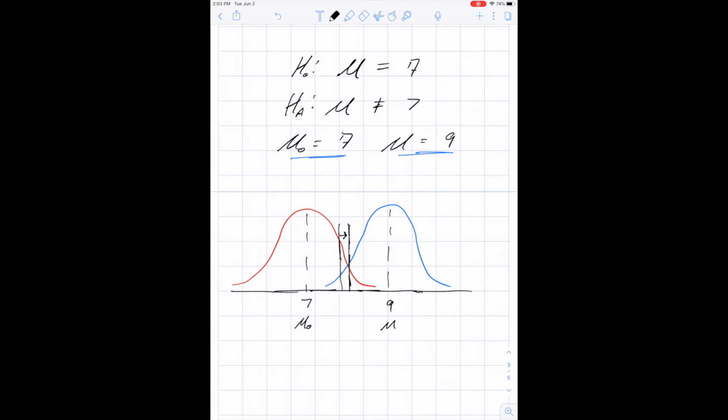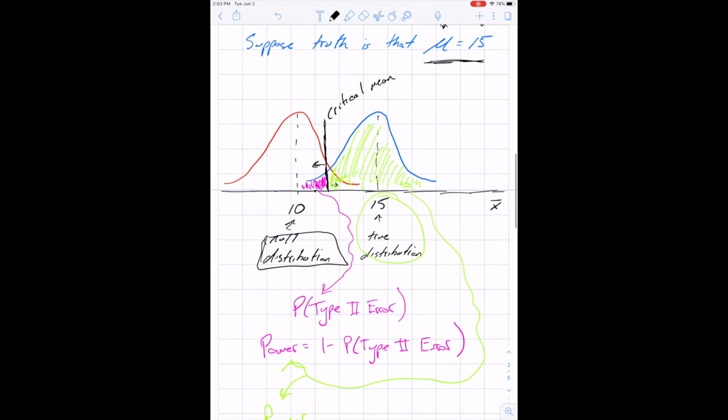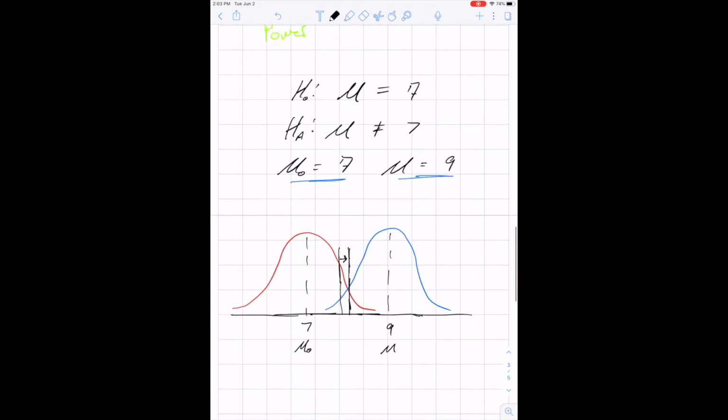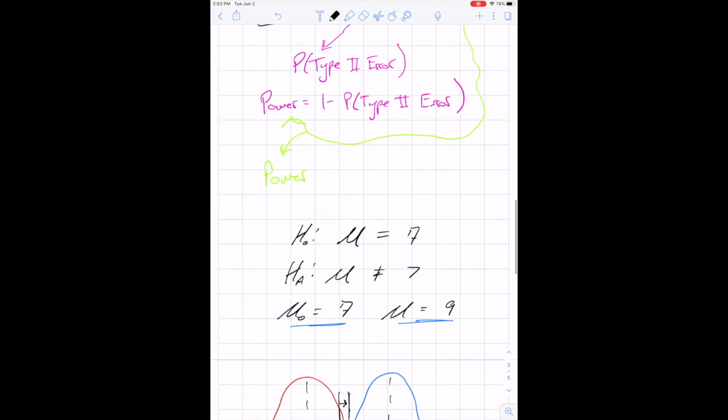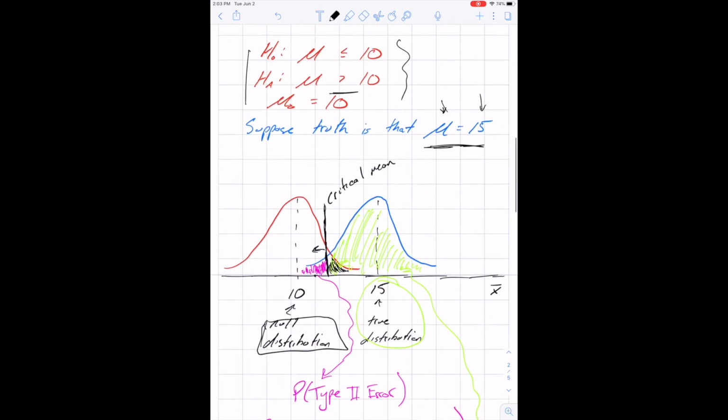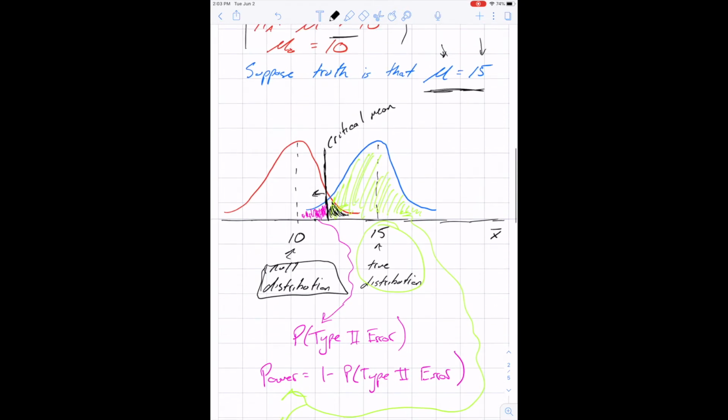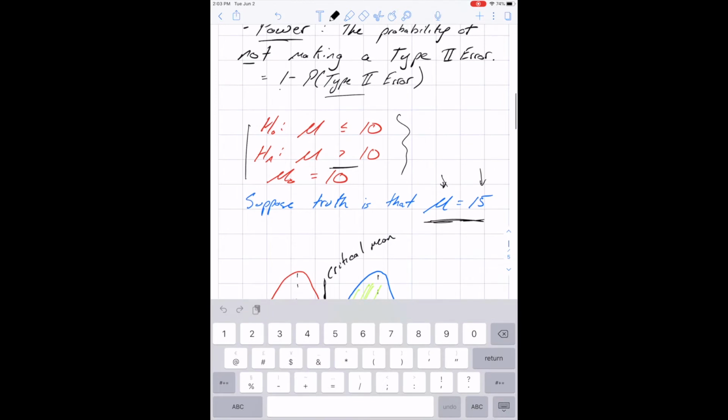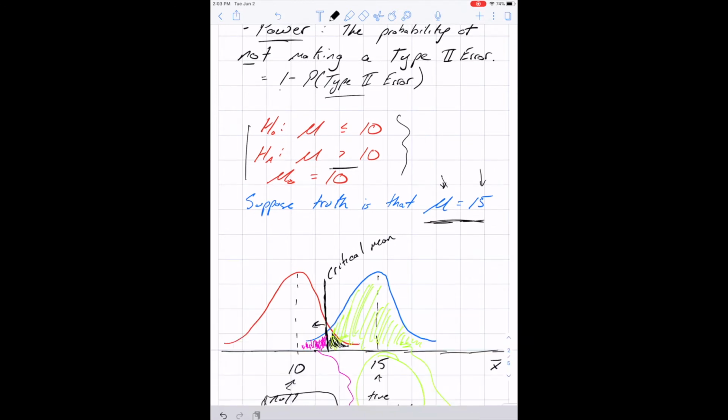Because remember, if this is a one-tailed test, this area right here would be 5% if alpha was 0.05. But down here, this area, when we pushed it out, needs to only be 2.5% because we also need to stick 2.5% in this tail. Okay? So that's going to be something that's a little different. You'd also have to think about this a little bit differently if your true mu, what if your true mu in this example was actually mu equals 5?